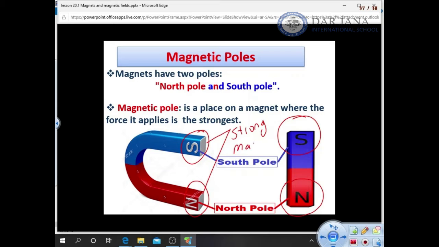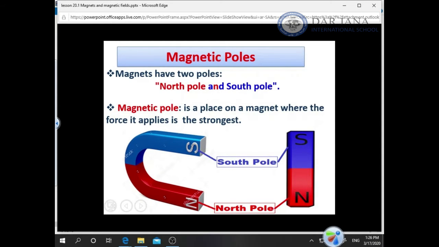So every magnet has two different poles, S and N.